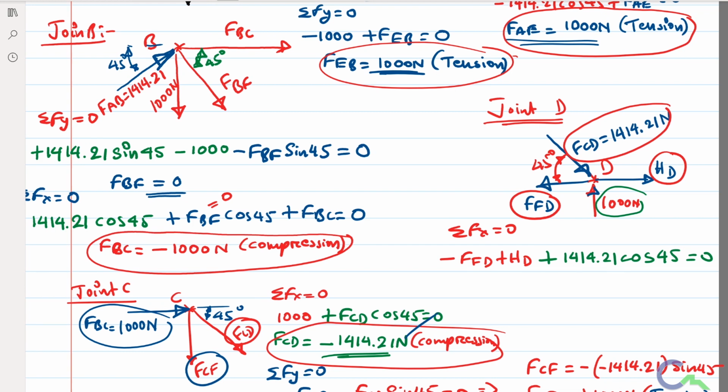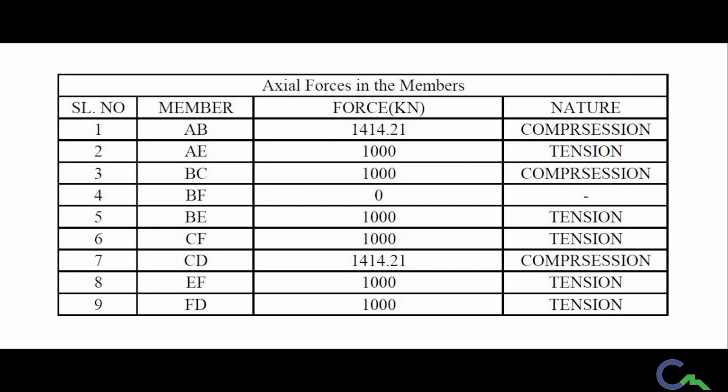So I considered all the forces. HD is equal to 0. Therefore FFD is equal to 1000 Newton. We will get positive value. Therefore our assumption is correct, that is tension. So I got all the answers in this truss. Now I am going to tabulate each and every value in the table. Then I am going to show the nature of that force.